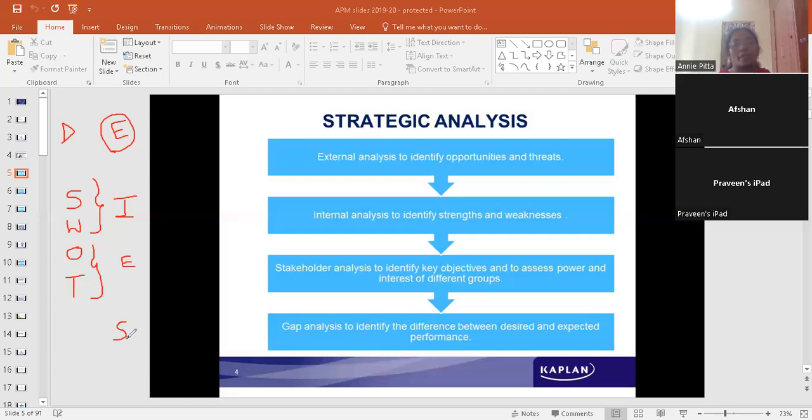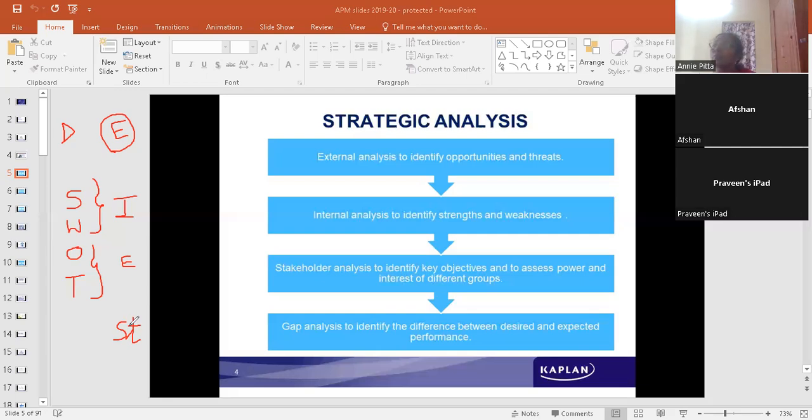What is stakeholder analysis? In connection with stakeholder analysis, there is a model. A little later, we will be learning about that. Who is a stakeholder? A stakeholder is either an individual or a group who is interested in the affairs of the business, because his interest lies with the organization and he would be benefited because of the decisions taken by the organization, or not benefited.